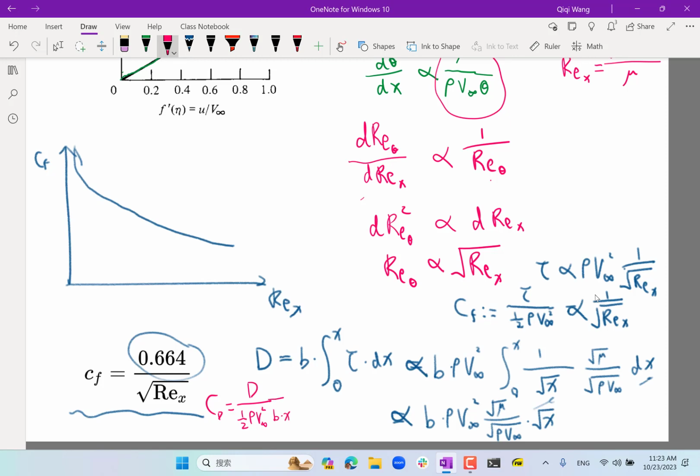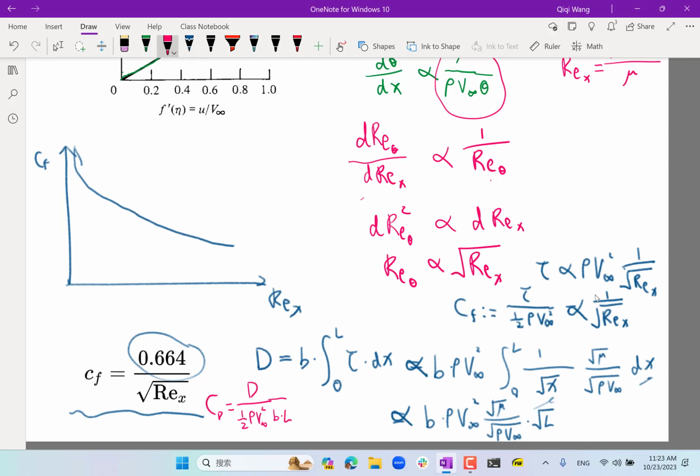Let me actually write the integral using the length of the plate instead of x, so integrating from 0 to L. As a result, the area of the plate is b times L.